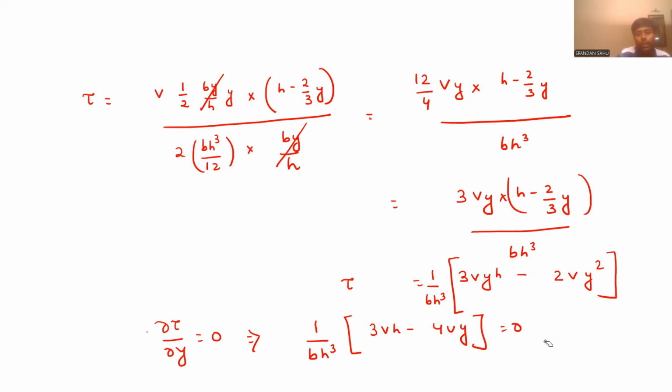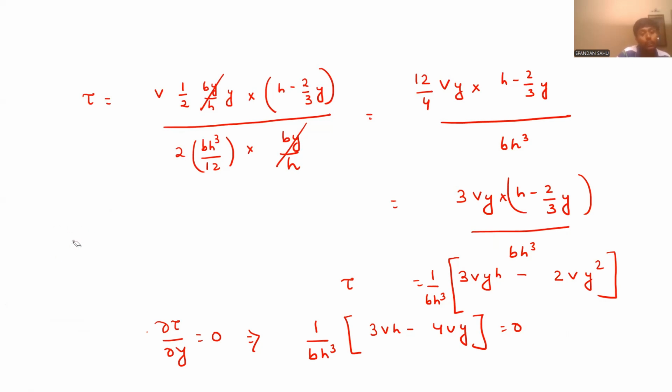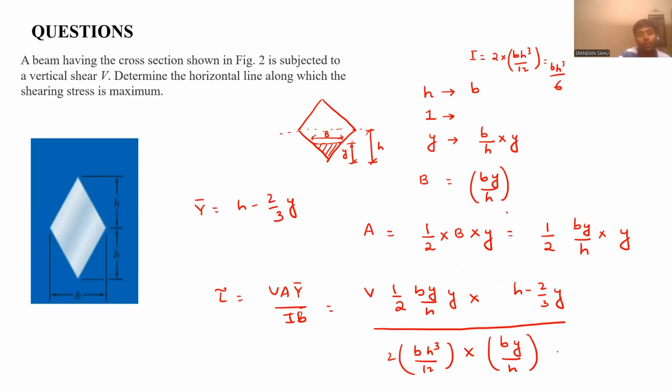So upon simplification you are getting y equal to 3 by 4 h. And this 3 by 4 h is from one of the corner tips, so either bottom tip or top tip.